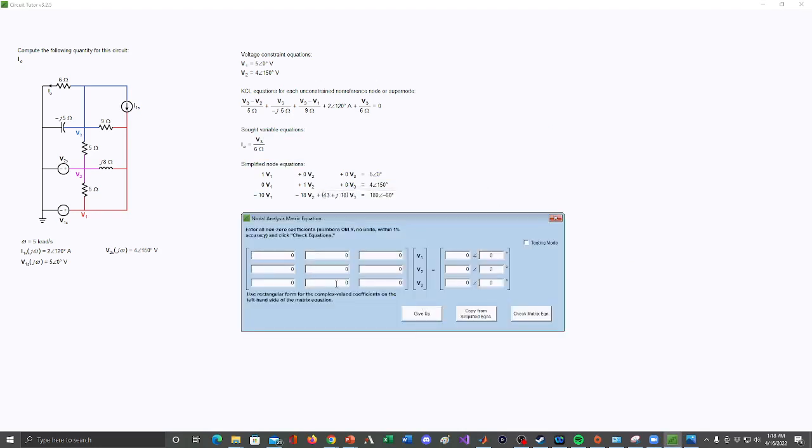Okay, then I need to convert them to a matrix equation, which seems pretty straightforward to me. Minus 10, minus 18, and then 43 plus 18j.